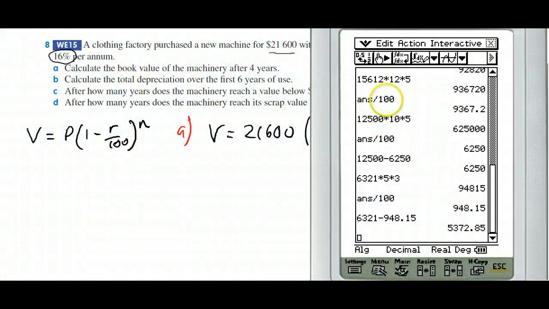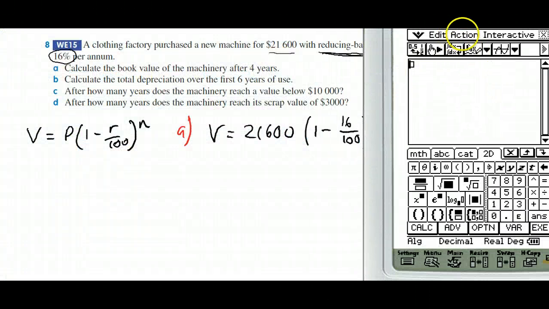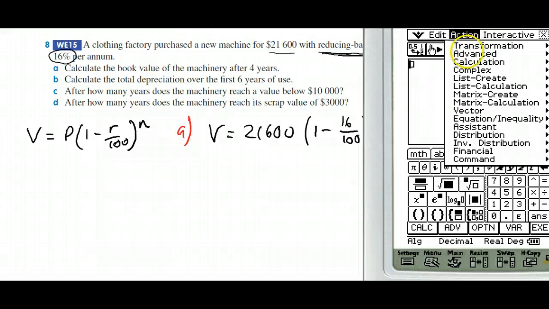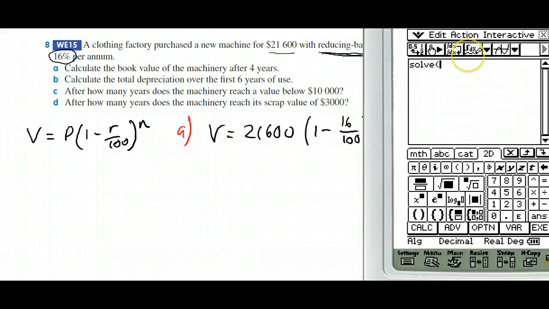We're going to need to use the solve function, so we go action, advanced, solve, and then put in our formula, which is V equals 21,600, and then some brackets with 1 minus, let's put a fraction in there, so use the 2D option there and create a fraction. 16 over 100 is our fraction.